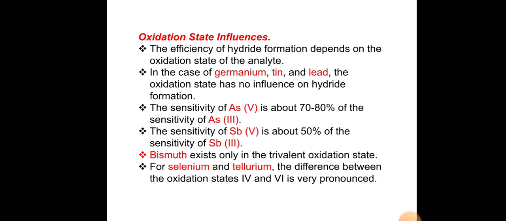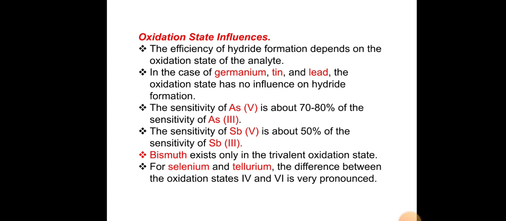In the hydride generation technique, one of the problems is that the oxidation state of the elements can influence the sensitivity for some of the elements. So we should be careful when we use this method.